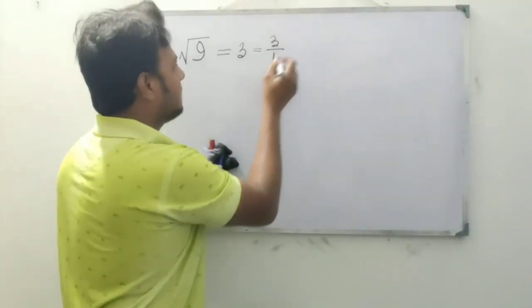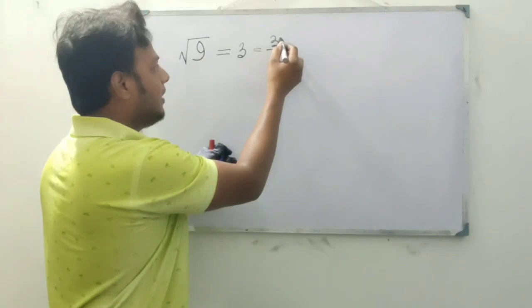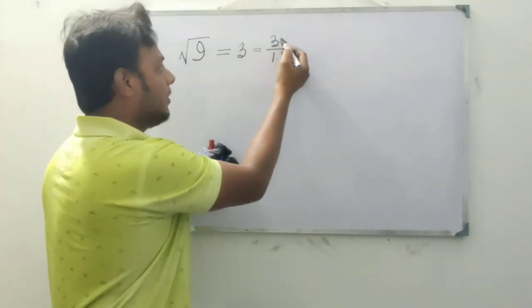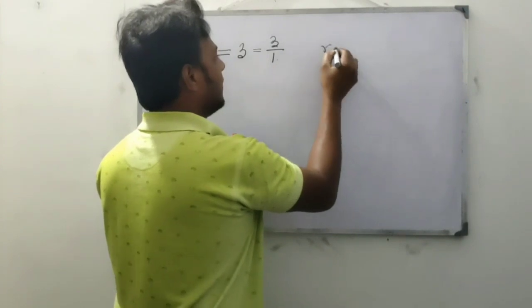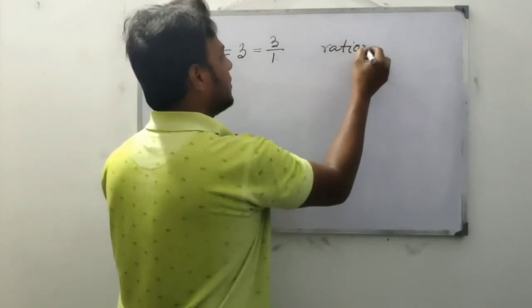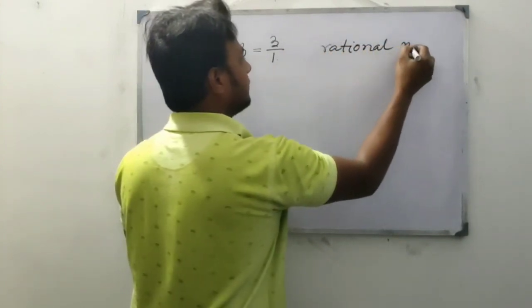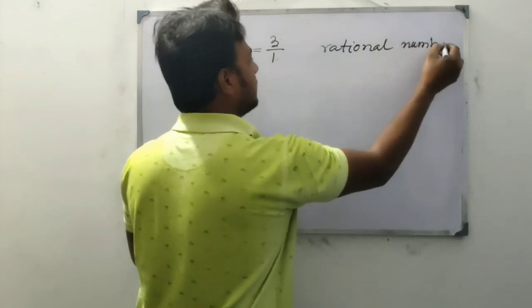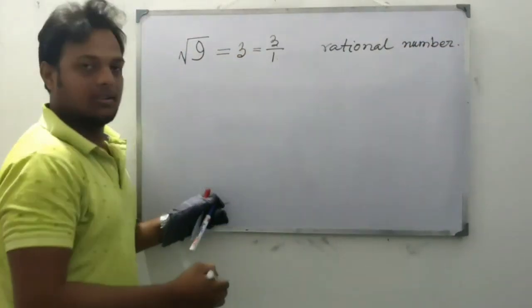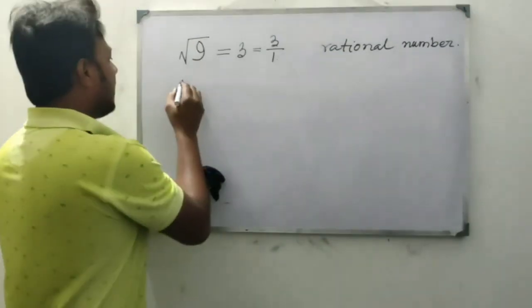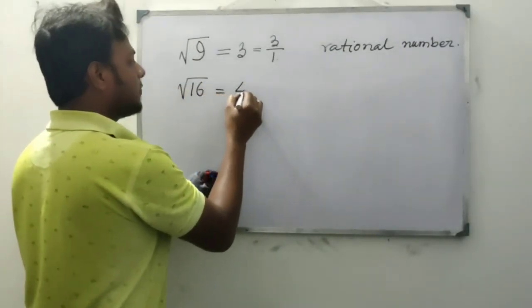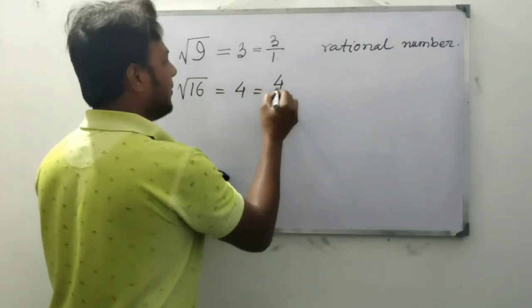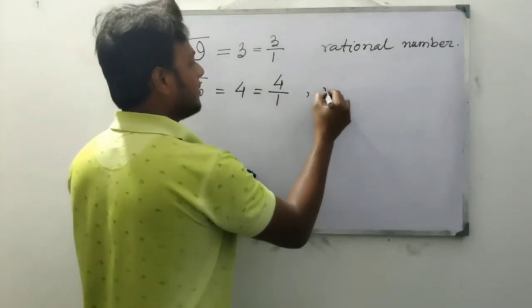So here we can express root over 9 in the form p by q, where numerator and denominator both are integers. So it must be a rational number. Is it clear? Now what about root over 16? Same thing, root over 16 means 4, and 4 can be expressed as 4 by 1, and it is also rational.